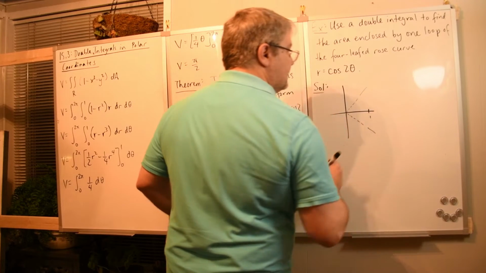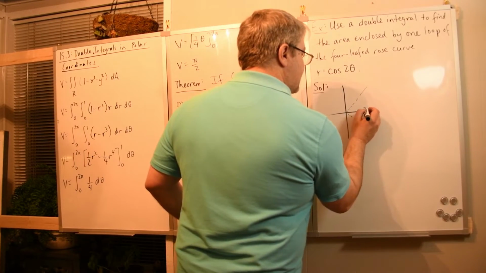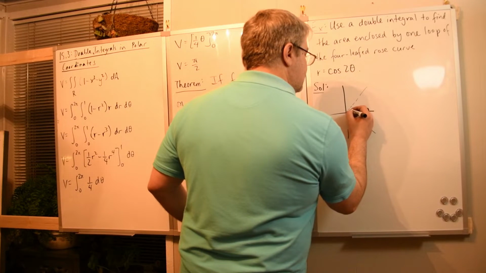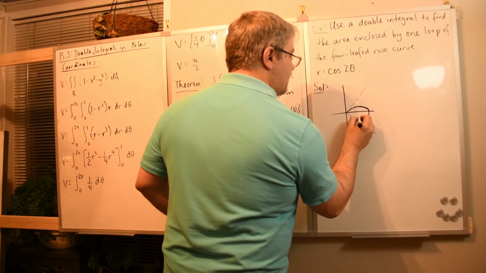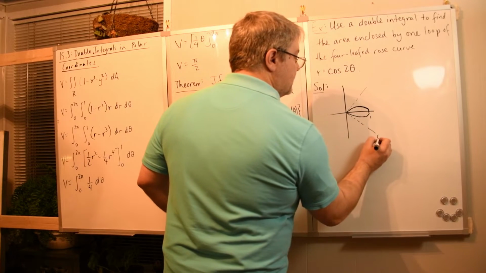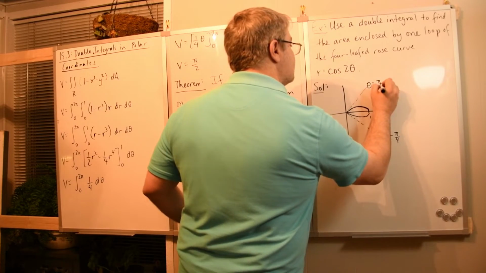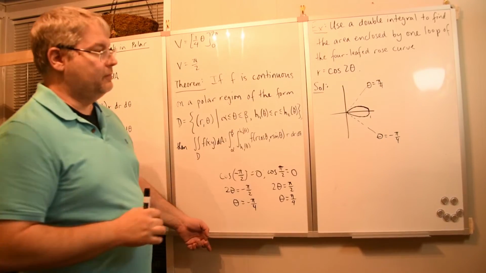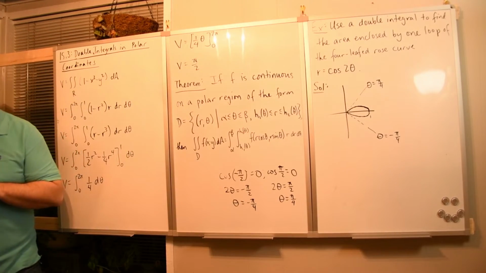And the length of the loop is going to be 1 unit. And these radial lines are actually going to be tangent to the curve at the pole. So think about how much area this loop is enclosing. And that's what we're going to be taking a look at.